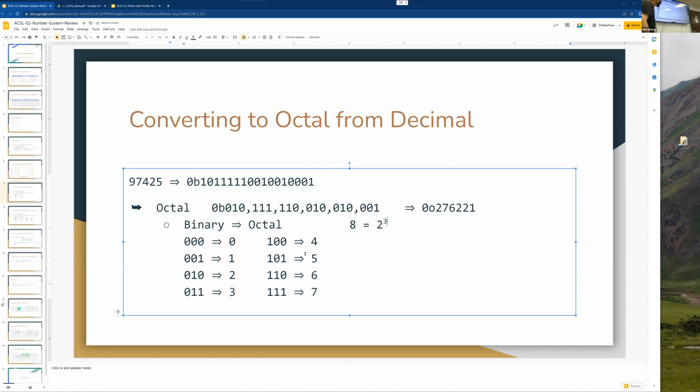So 3 bits can make up 8 digits, right? That's exactly what we need in the octal number system. There are 8 digits, from 0 to 7. And you can see what these 3 bits are.